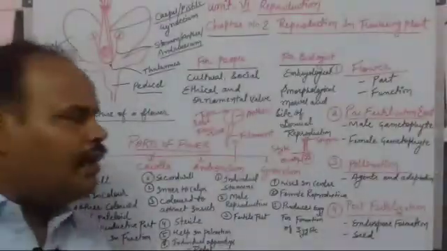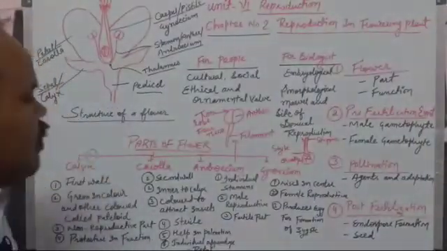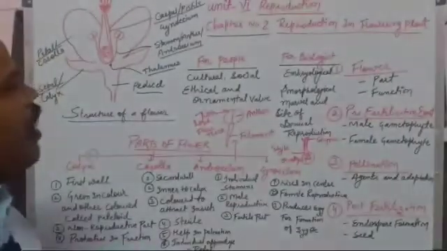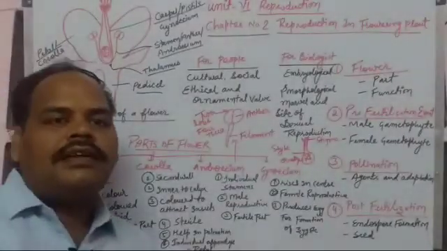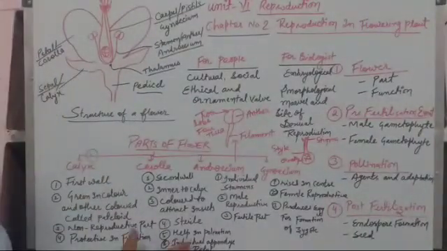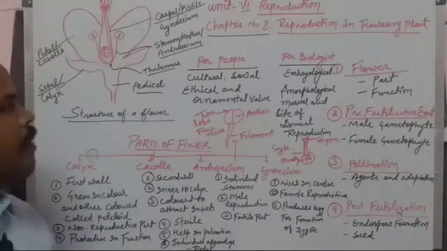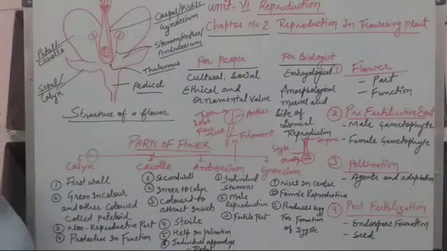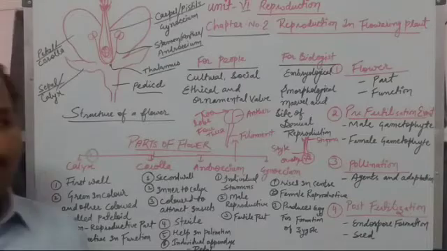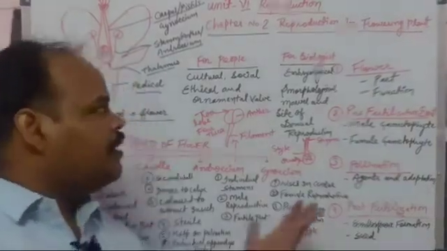You know this very well. So this is all about the flower parts and their functions, which are included in chapter number 2. It is the first part of your chapter 2.